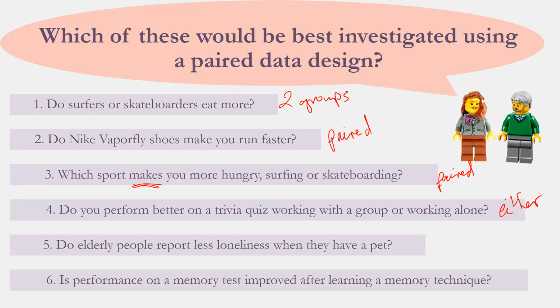You'd only have to have like a before and an after. So you could do it that way. It also might work to do it as two independent groups. And in terms of level of loneliness, are we expecting huge differences between individual elderly people and how much loneliness they're reporting? I don't know. I mean, people are different, so maybe they would.